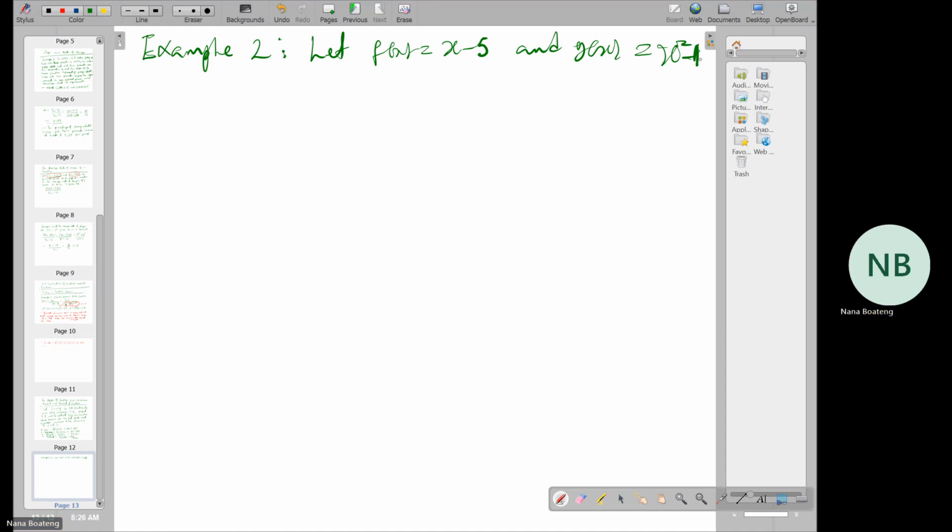We have to find f plus g, f plus g of x, and determine the domain of this function.